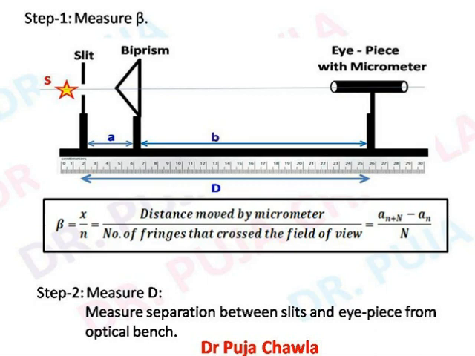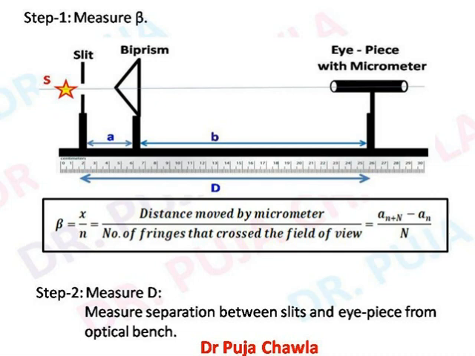Step number 2, the second parameter capital D, the separation between slit and the screen. You have the uprights. Note the position of the upright containing the slit. Note the position of the upright containing the eyepiece.